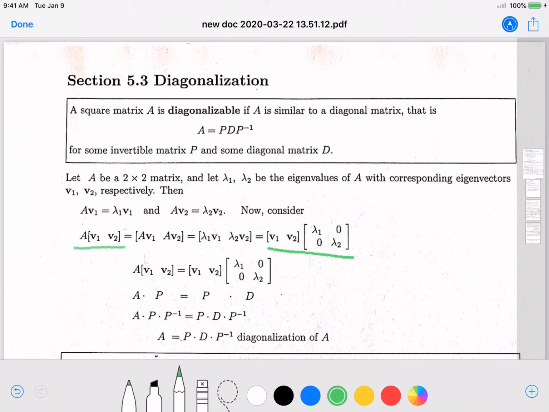So look at the beginning. We have A times the matrix of v1 and v2 equal to the matrix of v1 and v2 times the diagonal matrix of lambda 1 and lambda 2.